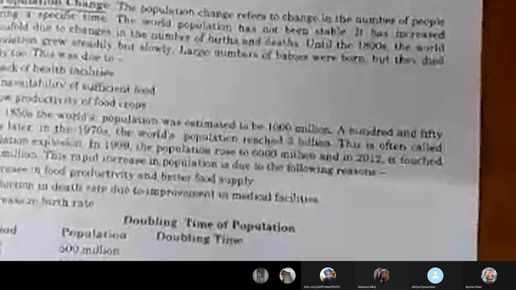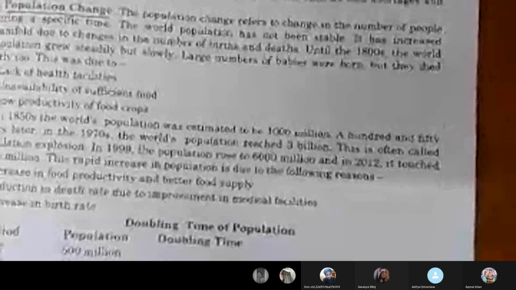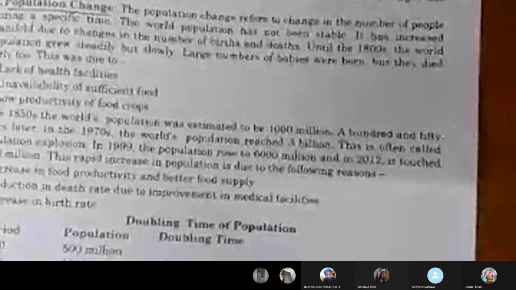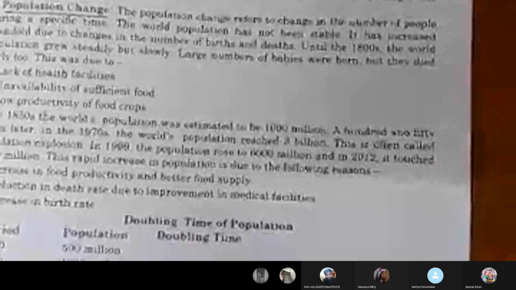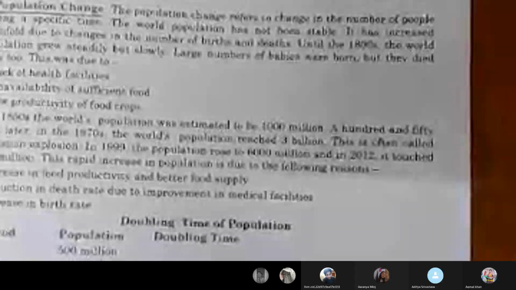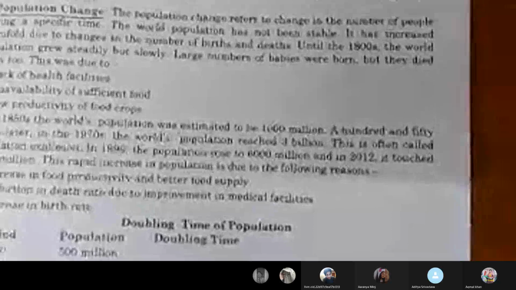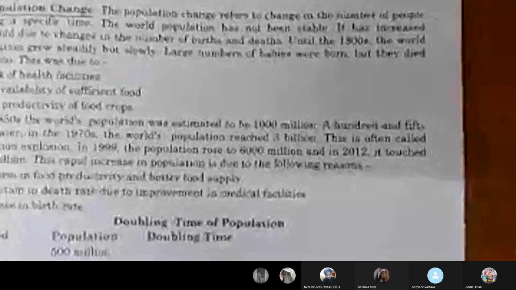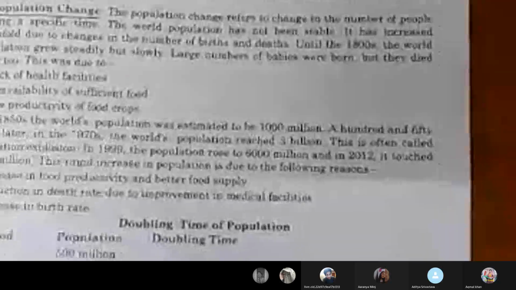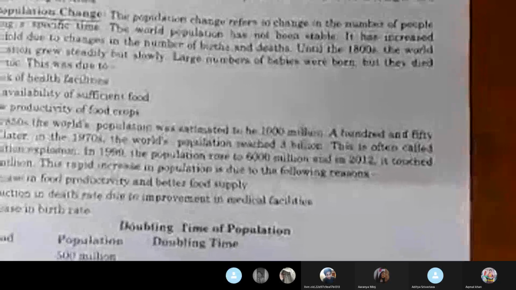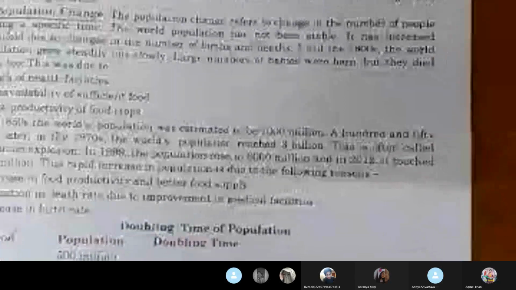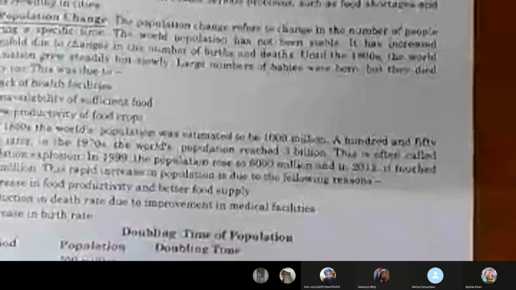The rapid growth of population since 1800 is largely due to improvements in food production and medical knowledge. Please underline these two: food production, medical knowledge. In many parts of the world, rapid population growth causes serious problems such as food shortage and overcrowding of cities.